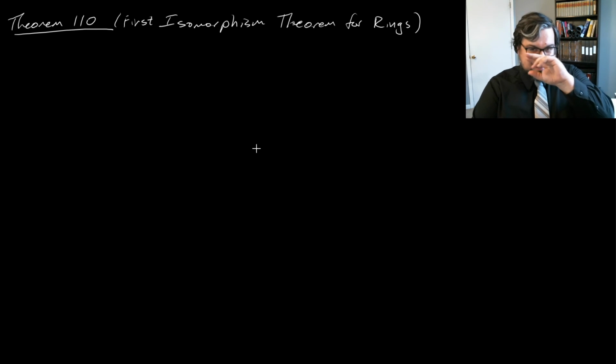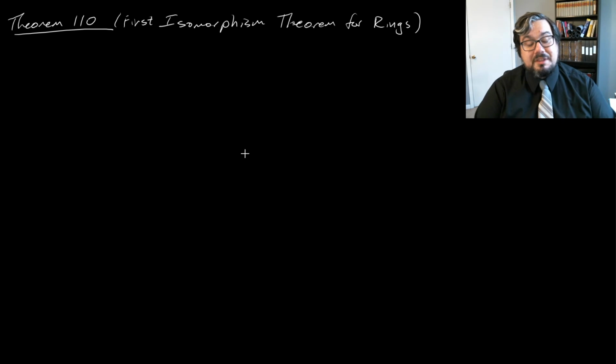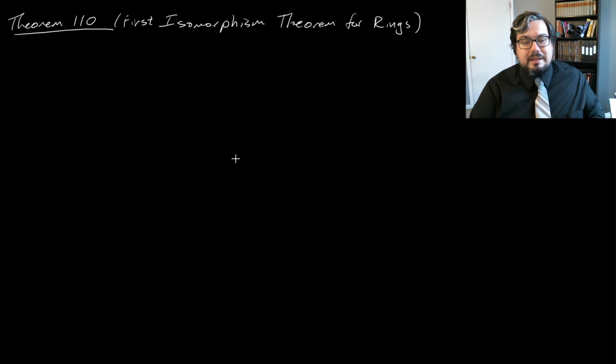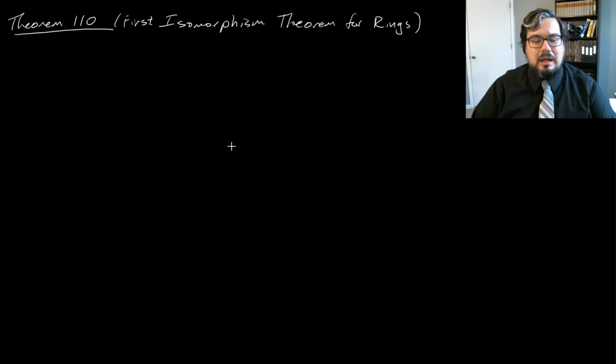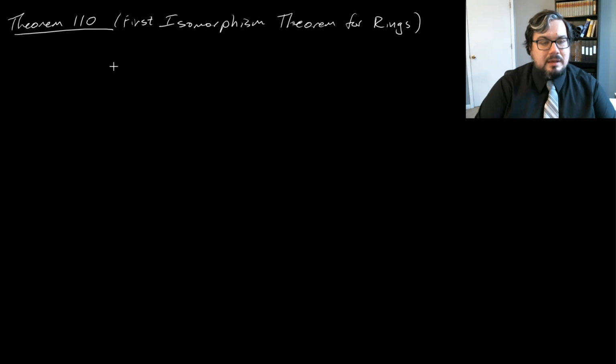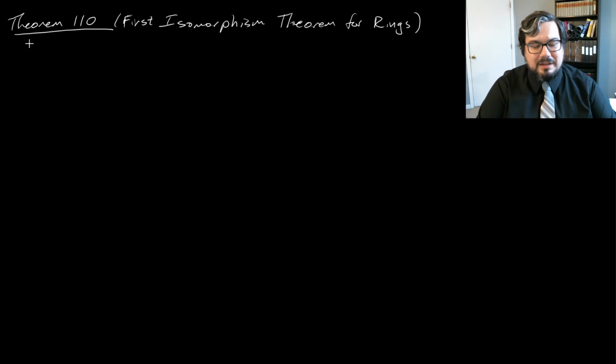And it's very similar to the first isomorphism theorem for groups that we encountered back last course. Now, properly speaking, historically, the first isomorphism theorem is only the second part of what I'm about to write down. I've got a little technical thing that I wanted to include here rather than including it as a separate numbered theorem.